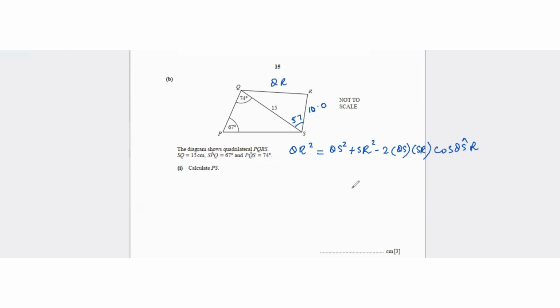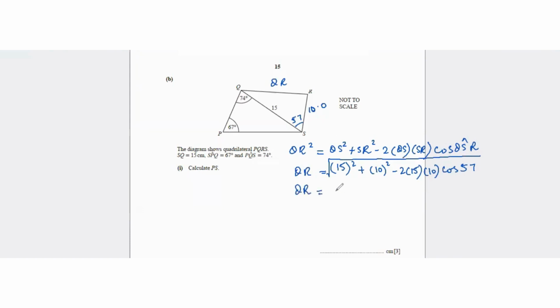Over here, since we have to find a missing length and we have two lengths and the angle between them, we can easily apply this. QS is 15, so 15 squared plus 10 squared minus 2 times 15 times 10 times cos of 57. And this entire thing is being square rooted since we're trying to find the value of QR.